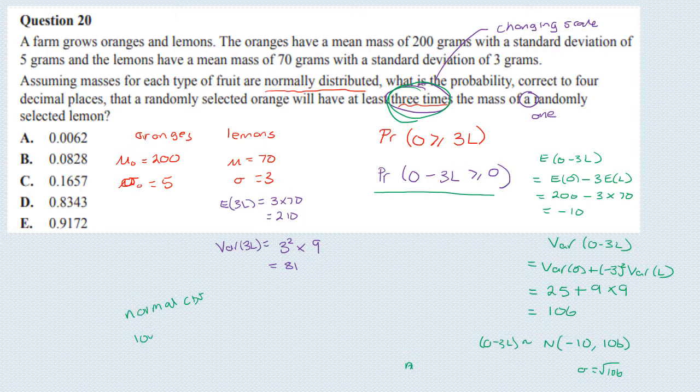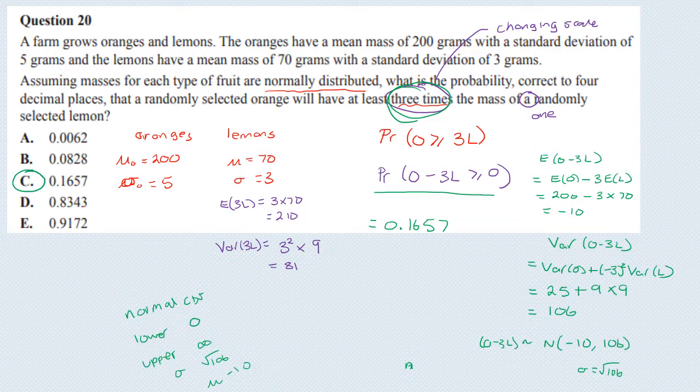So we put our lower value into CAS as, sorry everyone, let me go back a minute, that's not correct. Our lower value is 0, our upper value is infinity, our standard deviation is square root of 106, and our mean is negative 10. We enter this into CAS, and the answer we get is 0.1657, which is option C.